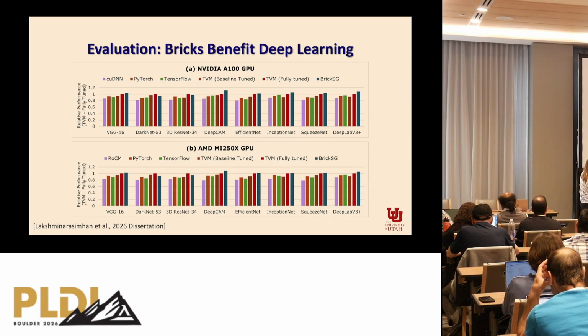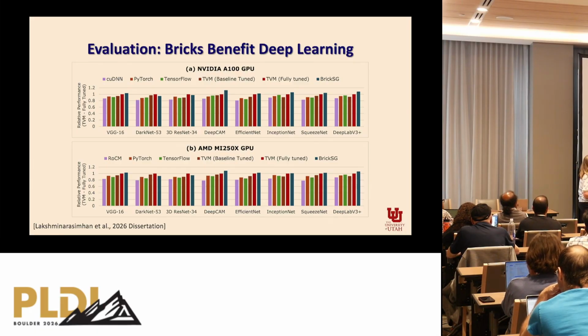And so we use a lot of different code generators. TVM produces the best results, and the final bar is what you get from merged execution. So you get a little bit of a win beyond what all these deep learning systems are doing.